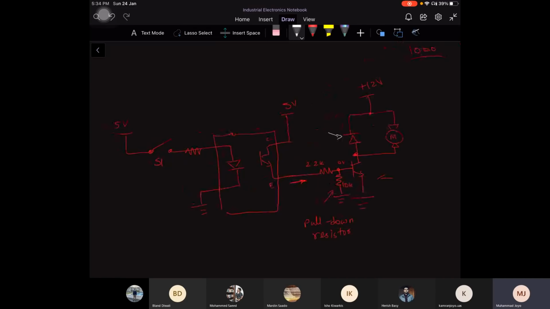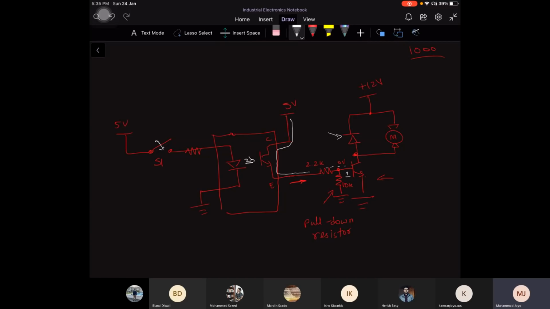At the input side, I have attached S1 to the optocoupler's input. Once I press S1, the optocoupler will turn on the transistor inside it, and the current will pass from it towards the other transistor. Once that happens, a logic high input will be given to the outside transistor, and it will saturate this transistor.